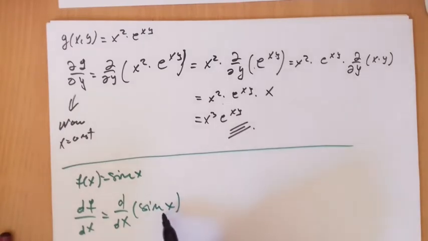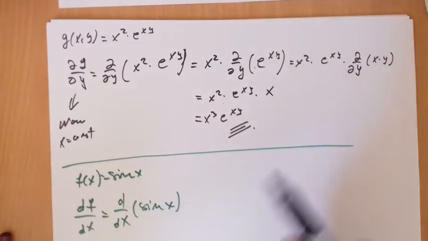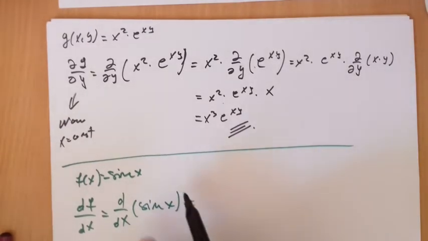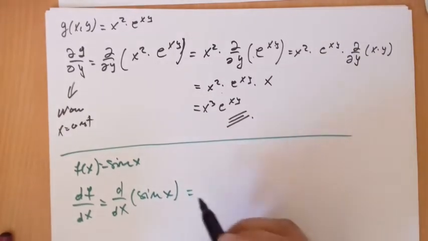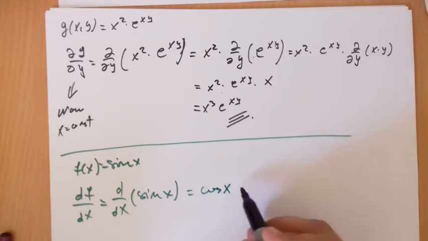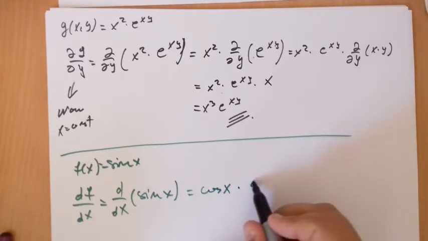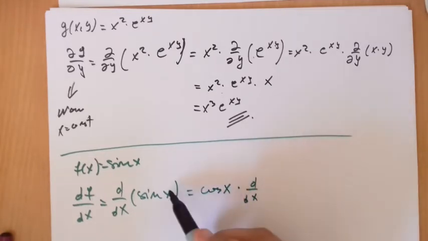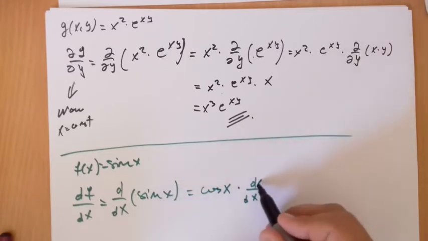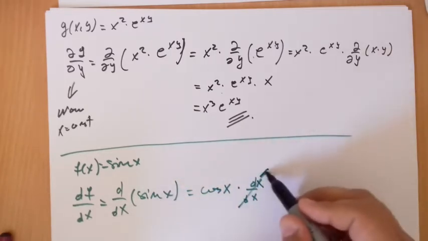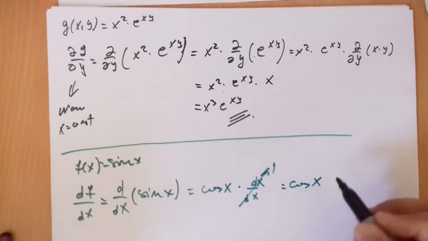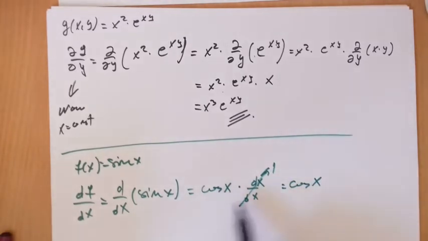So the argument is x now. So first we do the derivative of sine x, which is cosine x, times d by dx of this argument here, x, which is 1. This is the reason why we don't write this.